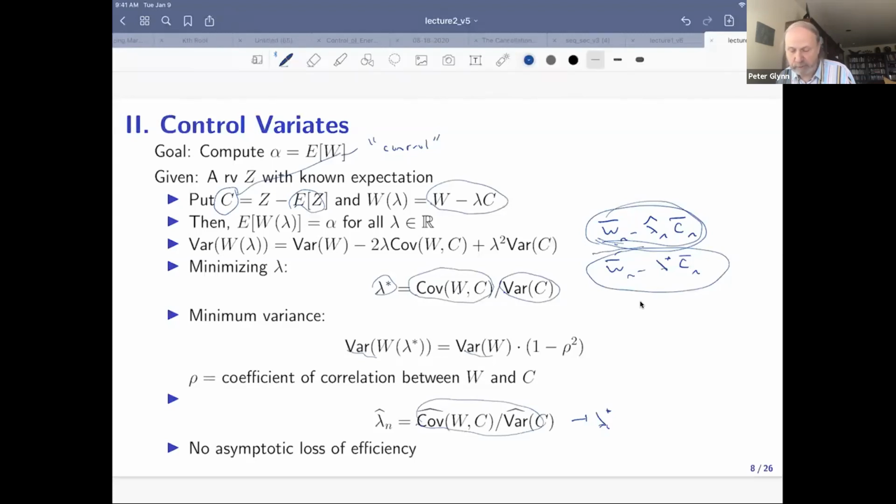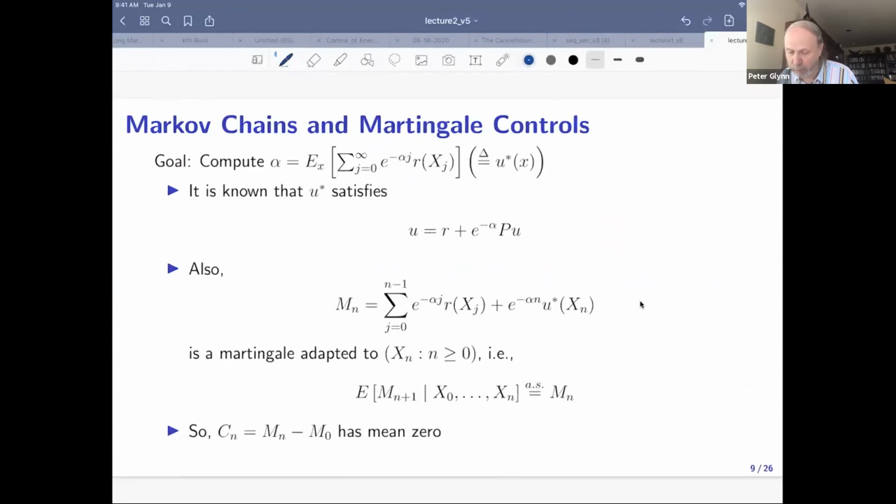If you choose the number of controls to be too large, then basically you will not have enough data available to accurately estimate the covariance structure, and you could get some bad things happening as a consequence. But if you limit the number of controls that you use to ones that have strong correlations, then the vector valued version of this algorithm can also work quite well and quite effectively.